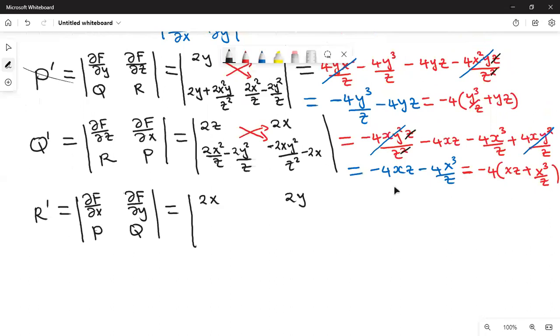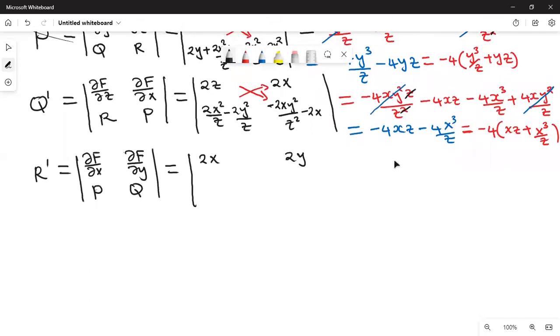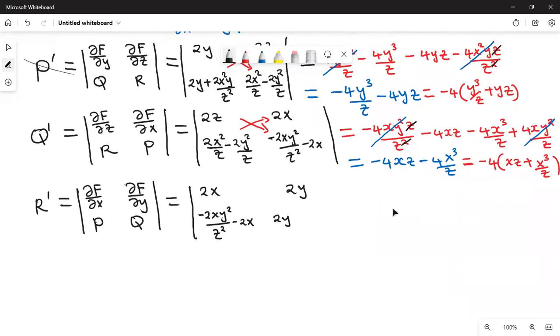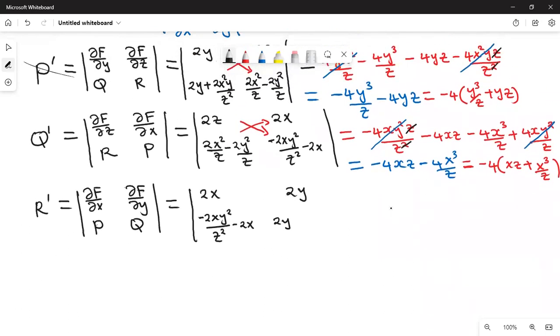Of course, we have it. You can read it from here. That was negative 2xy squared over z squared minus 2x. That's our p. Our q, what was it? That was 2y plus 2x squared y over z squared.